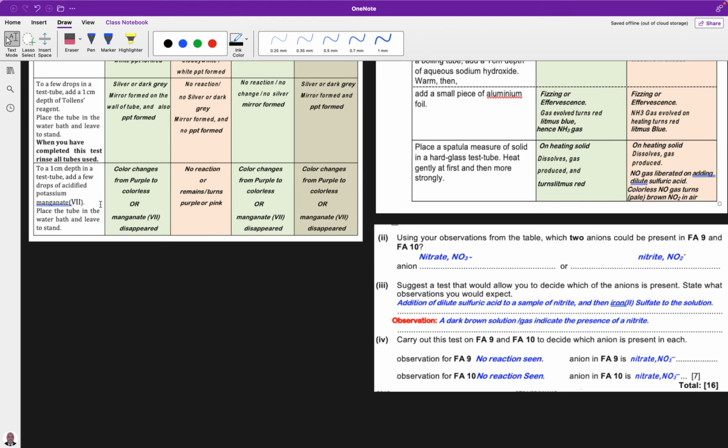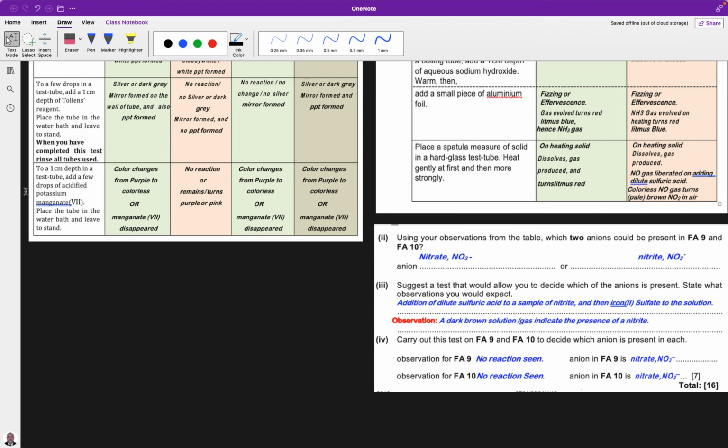Okay, as I told you, when it has to do with potassium dichromate or potassium manganate 7, what comes to your brain is their oxidation activity with organic compounds like primary alcohol, secondary alcohol, and the aldehydes.